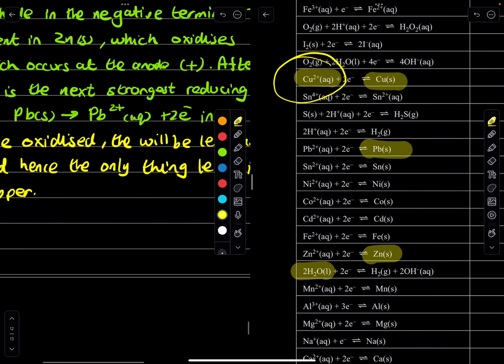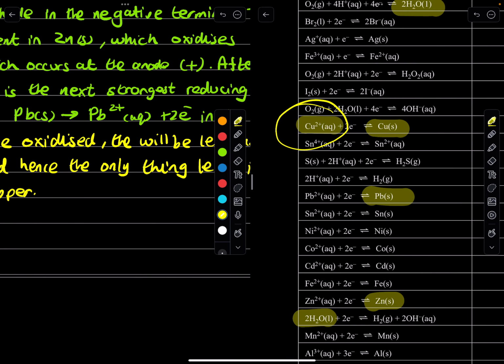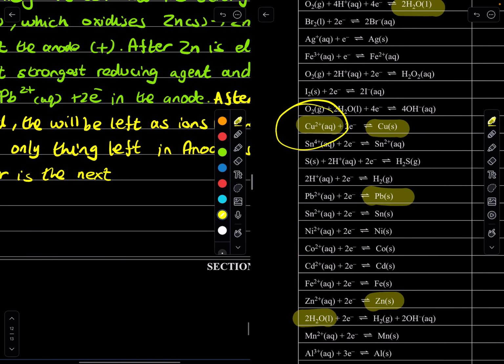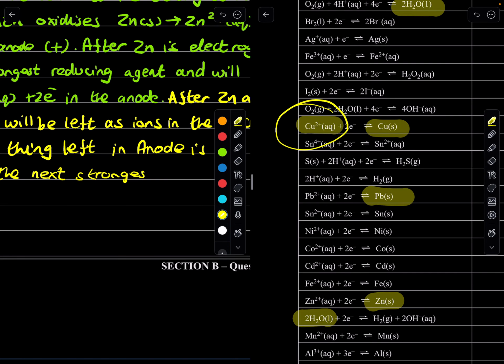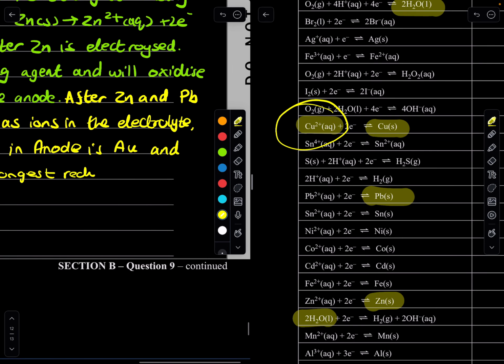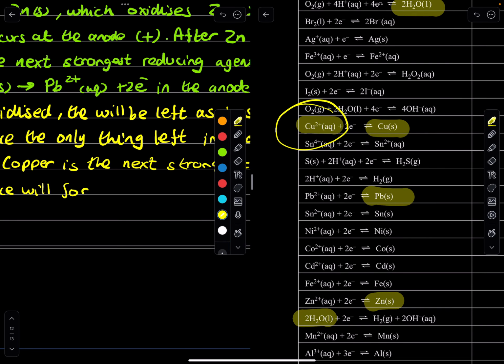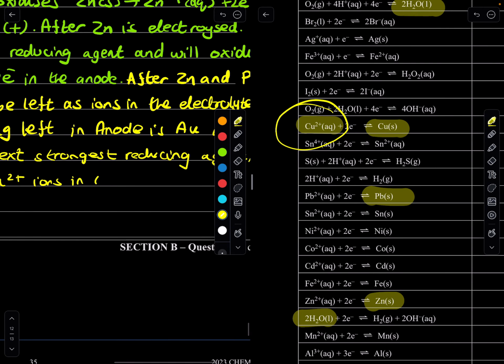So copper will become what? It will become the next strongest reducing agent, and hence will form Cu2 plus ions in the electrolyte.